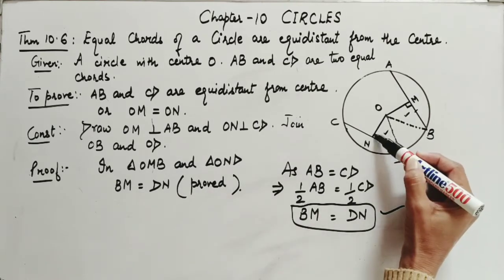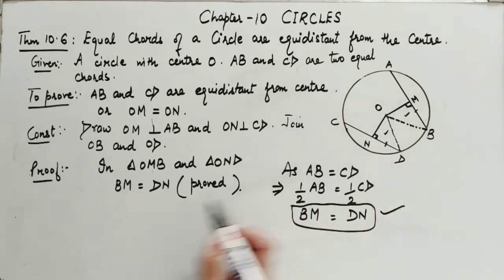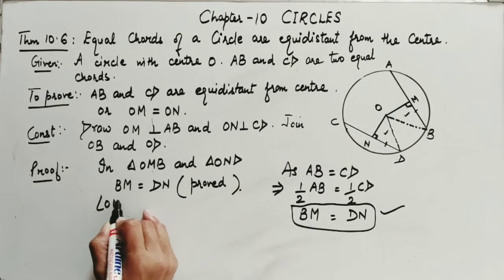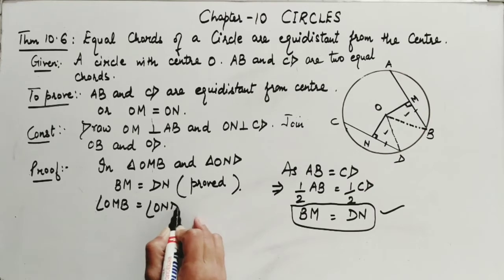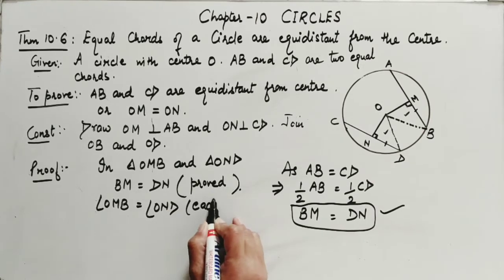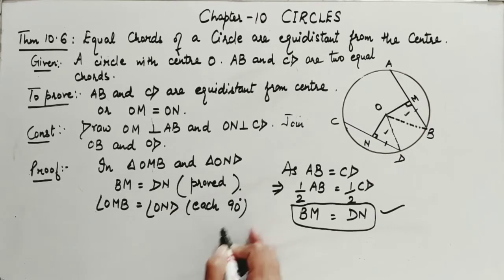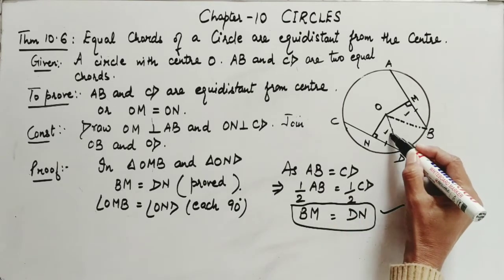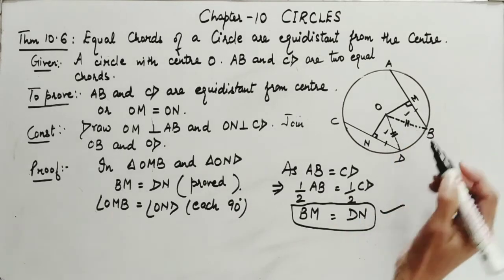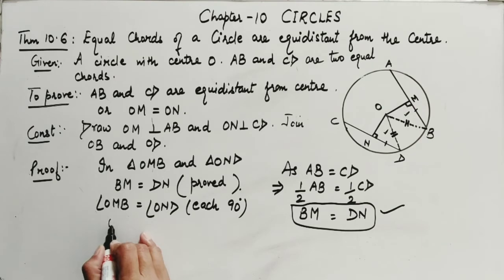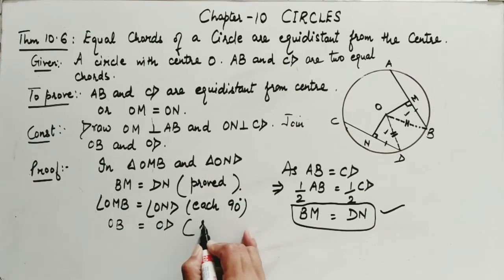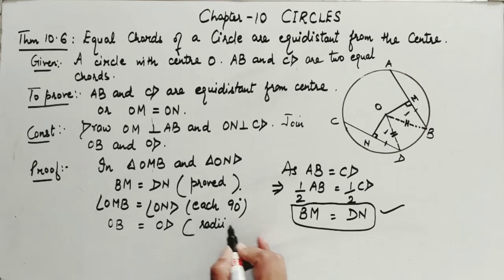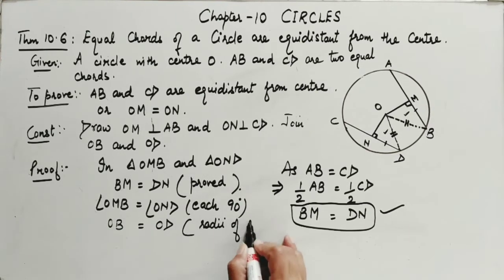Second thing, angle M in OMB and angle N in OND, each 90 degrees. And the third matching part will be these two radii. OB is equal to OD. They are radii of the same circle.